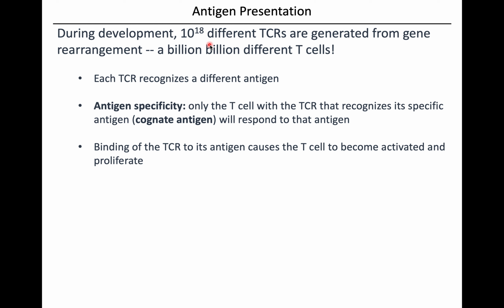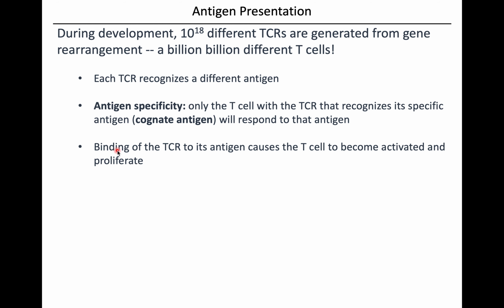So if that's something you're interested in, you could pick her brain on that. But basically, your body is capable of producing a billion different T cells, right? So that is a lot. Each one is just capable of binding an individual specific antigen. So we have this antigen specificity.